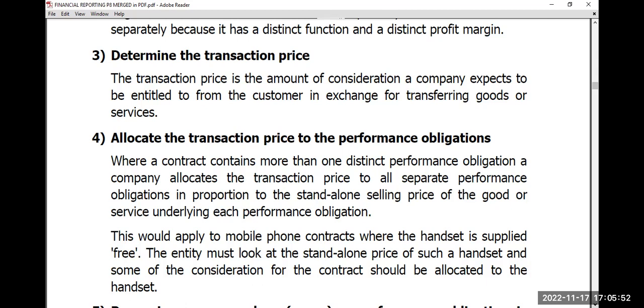But the seller has an obligation to transfer the goods, and those goods are the ones that are going to result in the price. And we are saying that when a contract contains more than one distinct performance obligation, a company allocates a transaction price to a separate performance obligation in proportion to the standalone selling price of the goods and services.